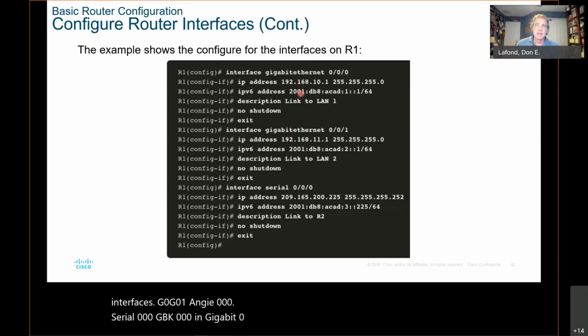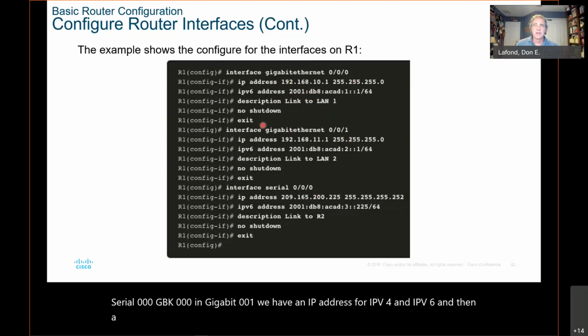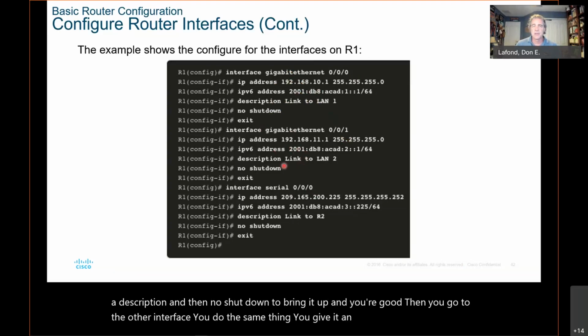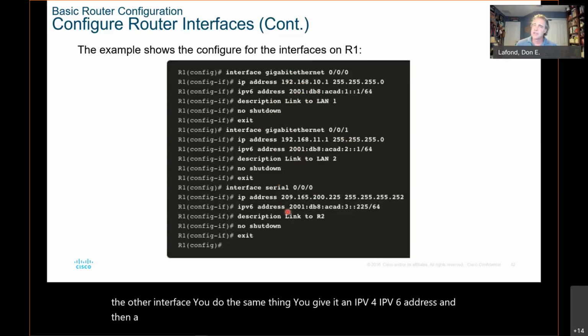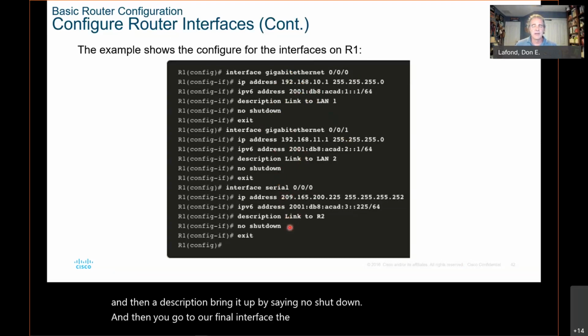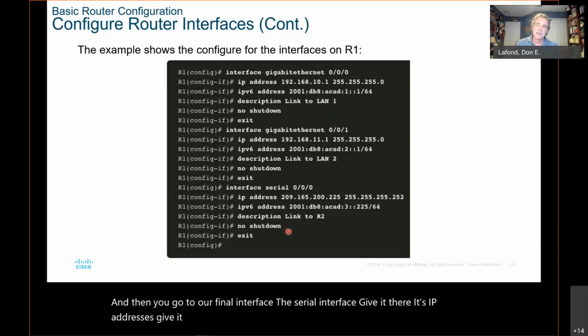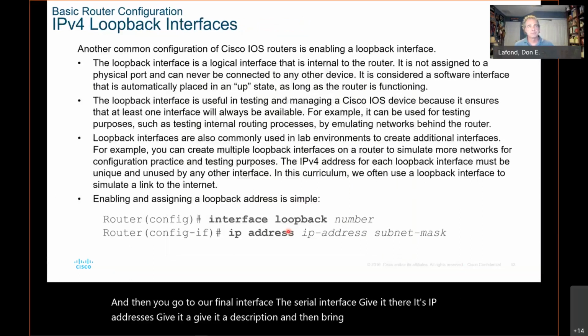We have an IP address for IPv4 and IPv6, and then a description, and then no shutdown to bring it up, and you're good. Then you go to the other interface, you do the same thing. You give it an IPv4, IPv6 address, and then a description, bring it up by saying no shutdown. And then you go to our final interface, the serial interface, give it its IP addresses, give it a description, and then bring it up.